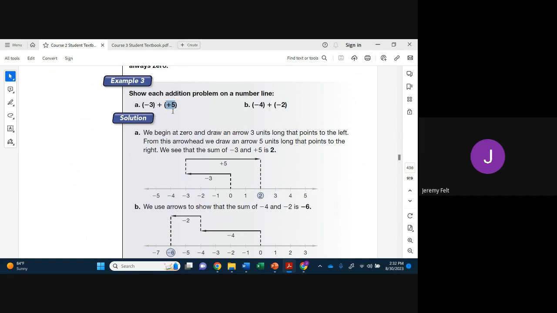Again, they overuse them in my opinion, but that helps you indicate whether that number is positive or negative. And I'll show you how we can do this on the calculator. Don't put plus +5. If you put 2 plus signs in a row, you're probably going to get an error message. But anyways, we start at -3. We're adding 5, so we go 5 to the right. 1, 2, 3, 4, 5. That puts us on +2.